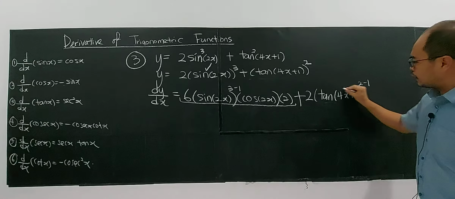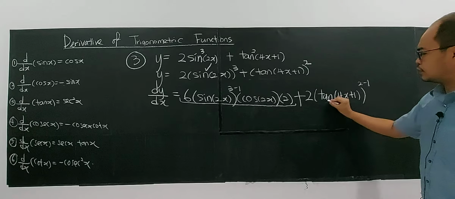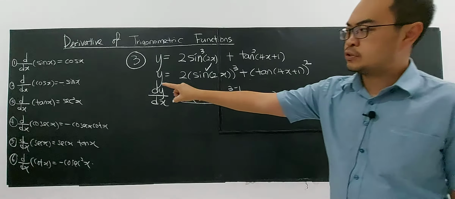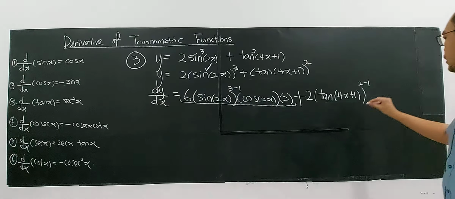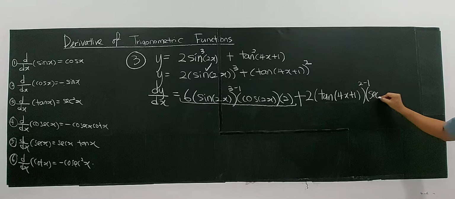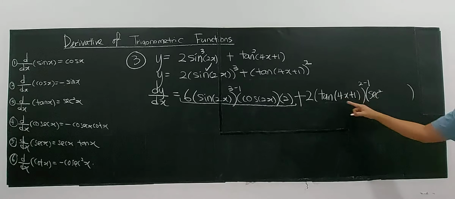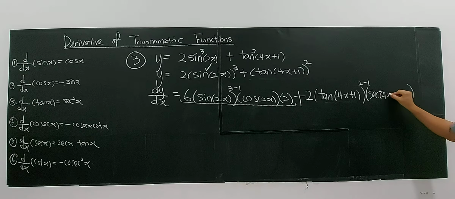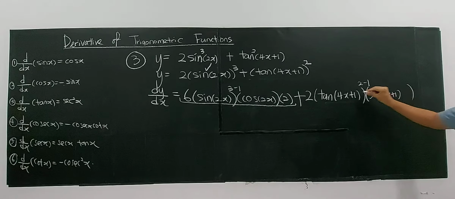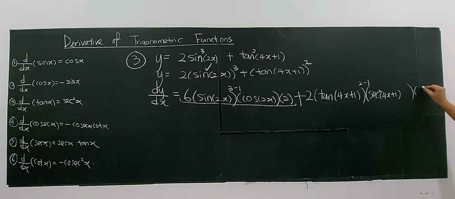Then only you look at the inside here, the tangent. Differentiating tangent, the third formula will be secant square. Just remember, differentiate tangent is secant square. So 4x plus 1 will follow. Finally, differentiate the 4x plus 1, so you will have 4, right?